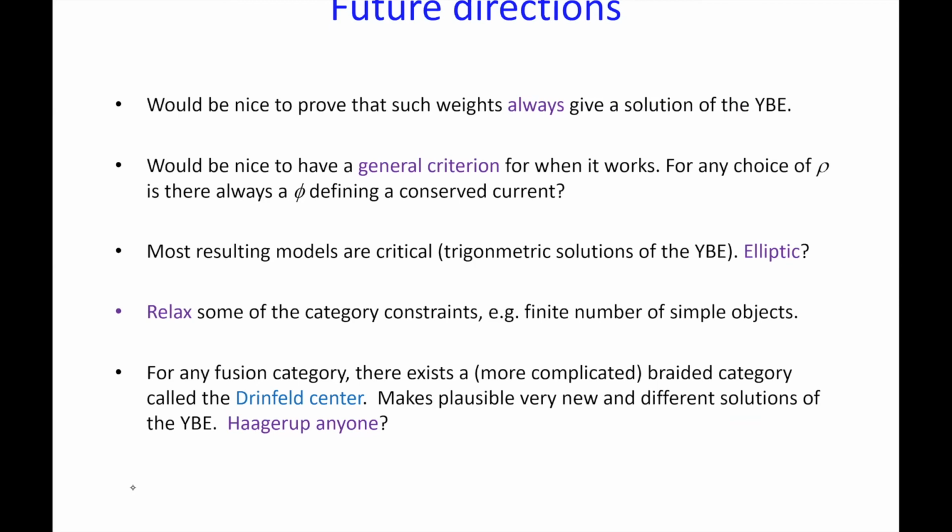Many of the fusion categories, although they are not braided, are half braided, which means you can define the overcrossing, not necessarily the undercrossing. So I think your theory might be generalized to fusion categories using only half braiding rather than the full braiding.